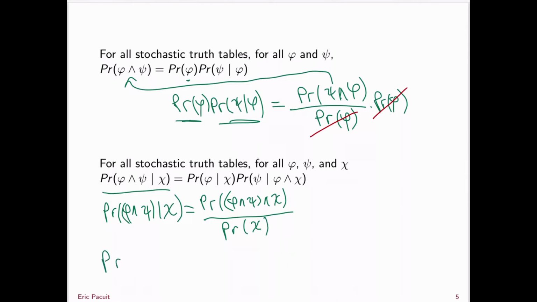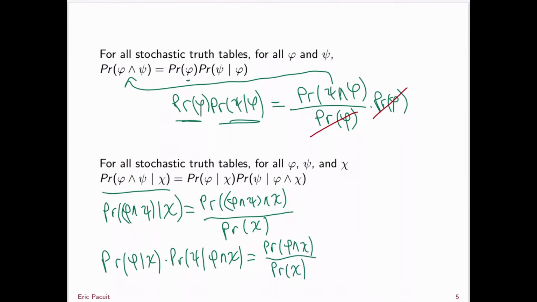Well, the probability of phi given chi times the probability of psi given phi and chi is going to be equal to, so just apply the ratio formula to both of these conditional probabilities. It's the probability of phi and chi divided by the probability of chi times the probability of psi and phi and chi divided by the probability of phi and chi.